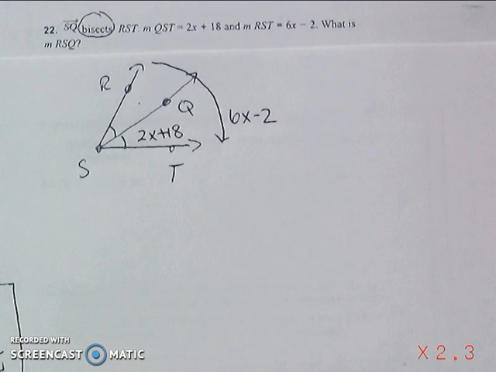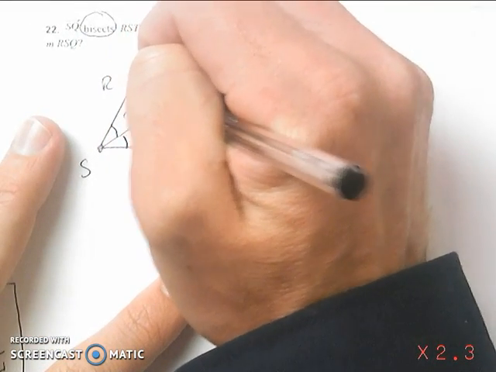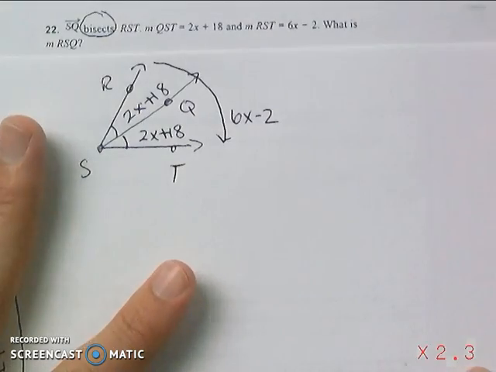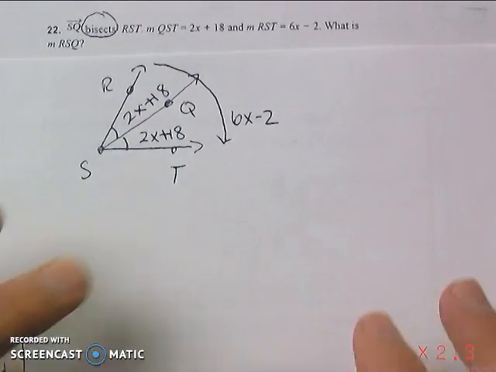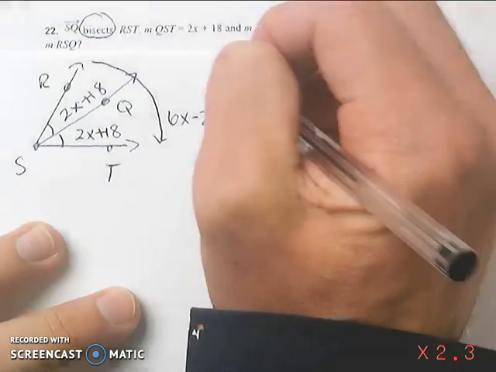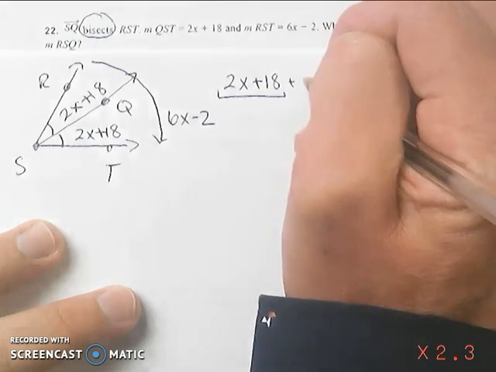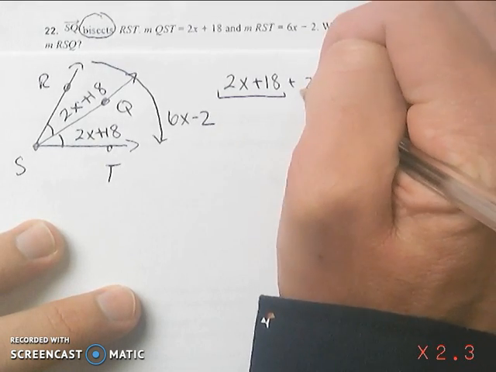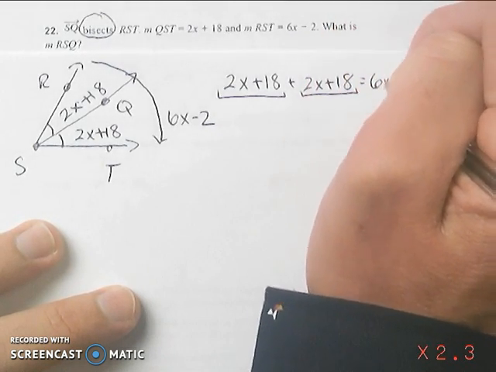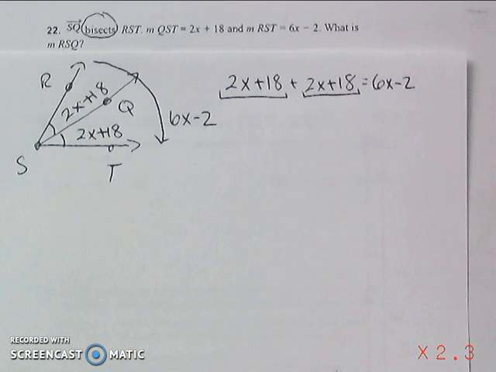I don't know what that other angle is, but in fact I do, because it bisects, so this is also 2x plus 18. So when I write my equation, I'm just going to take both angles and add them together, and solve this equation for x.